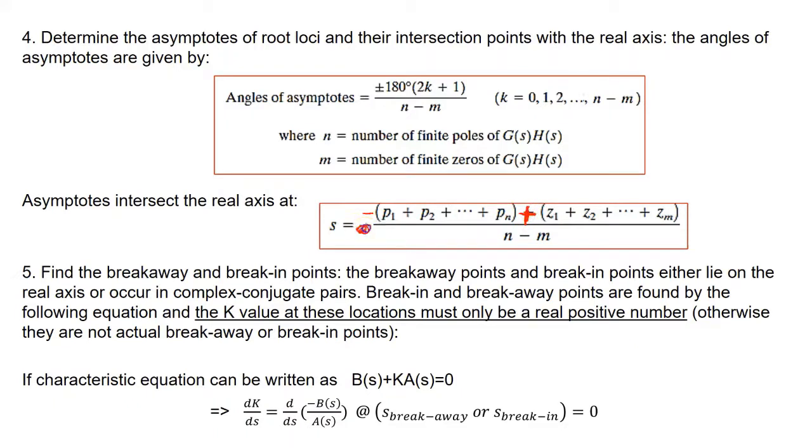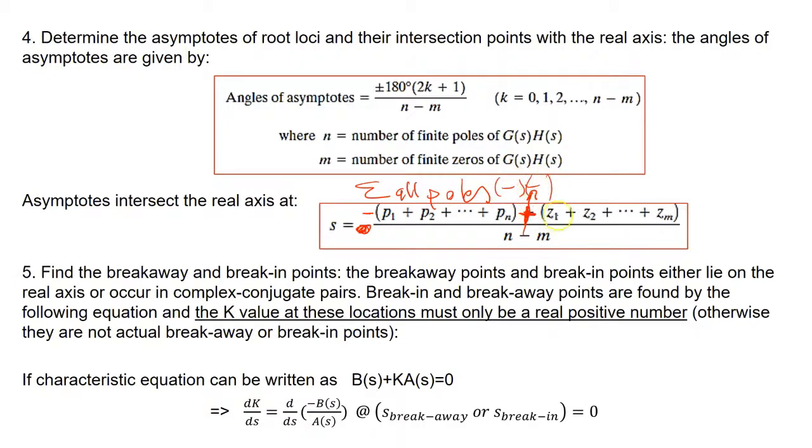And let's take care of this negative. So we can write it like that. And then, now what is this? Summation of all negative p's. This is what? Summation of all poles, actual pole locations. And what is this? Instead of this plus, you can write it as minus minus, right?